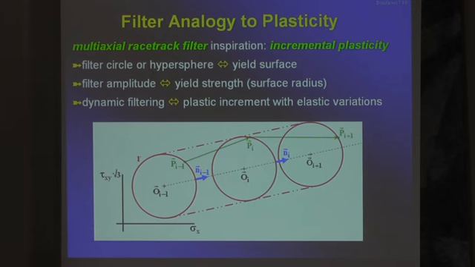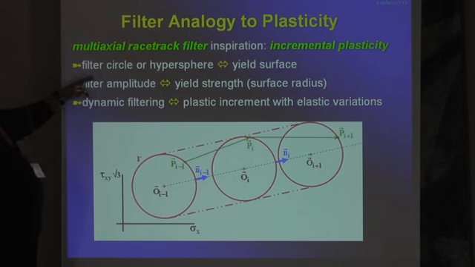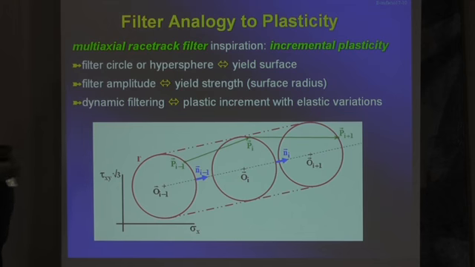Moreover, another way to understand how the racetrack filter works is to use its direct analogy to plasticity. We can think of the multiaxial racetrack filter as inspired by incremental plasticity. The filter cycle, or the hypersphere cycle, is analogous to a yield surface. The filter amplitude is analogous to the yield strength, the surface radius.